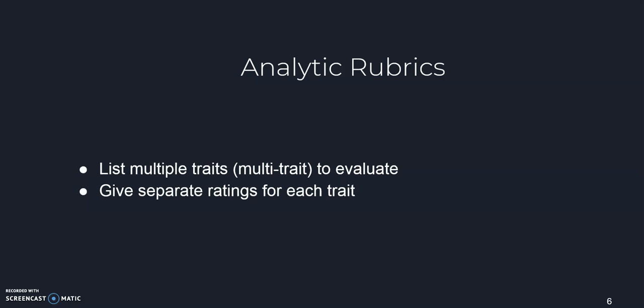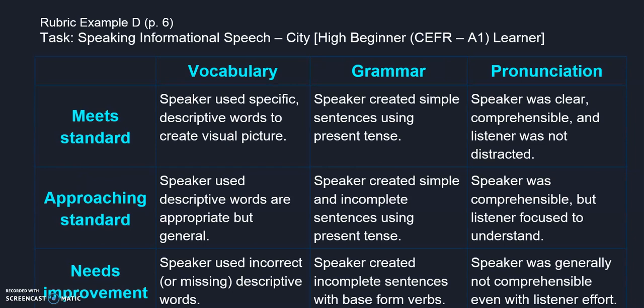And importantly, we're going to give a separate rating for each of those traits or categories that we're looking at. So analytic rubrics give us as the instructor and the students more feedback because there are separate scores or ratings for each of those traits that are being assessed.